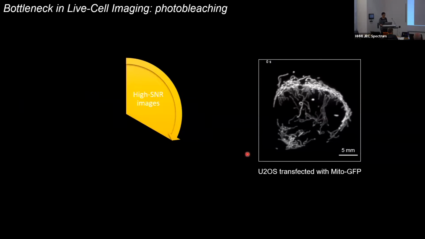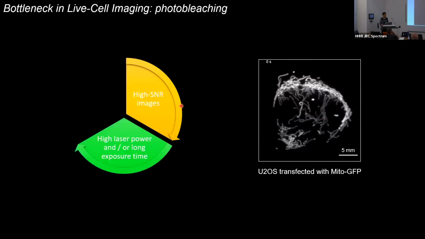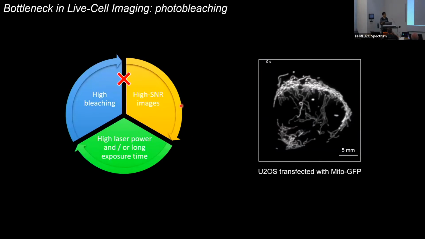In fact, bleaching is always a big problem in live-cell imaging. There is a very classic paradox. We need to use high laser power to get high SNR images, right? Or you extend to longer exposure time. But this also implies that if you use longer exposure time and high laser power to get high SNR images, you will get high bleaching, and this in turn prevents time-lapse high-resolution imaging.